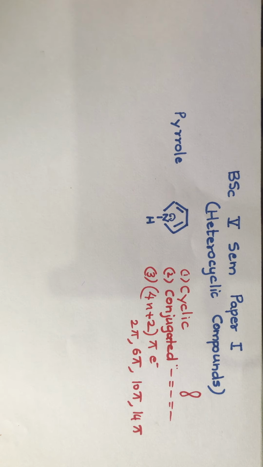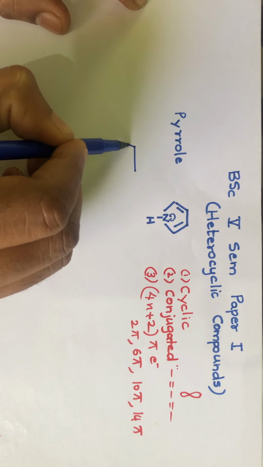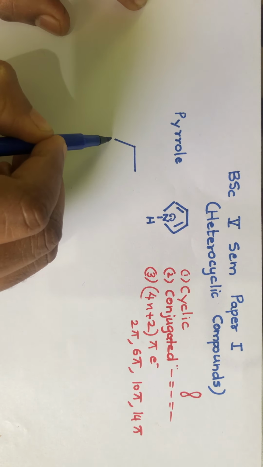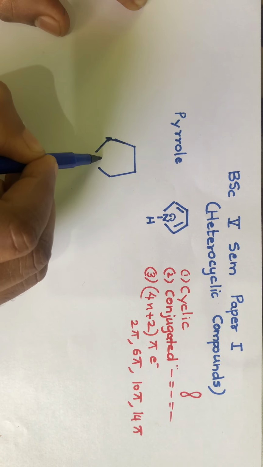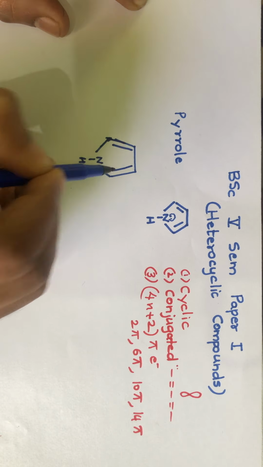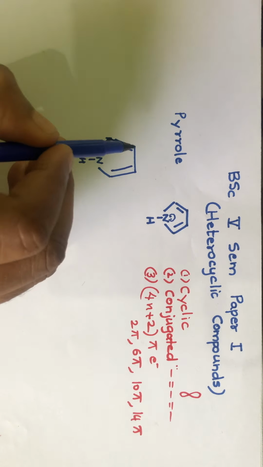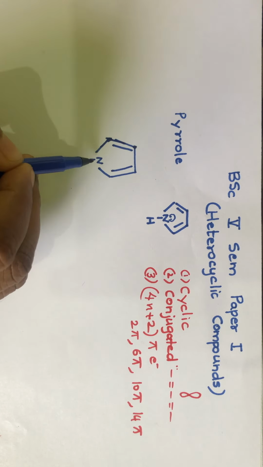Okay, let us see the orbital picture of this pyrrole. What will be the orbital structure of pyrrole? This is the molecule. See, there are 4 carbons and 1 nitrogen.